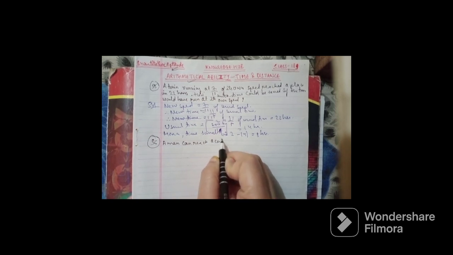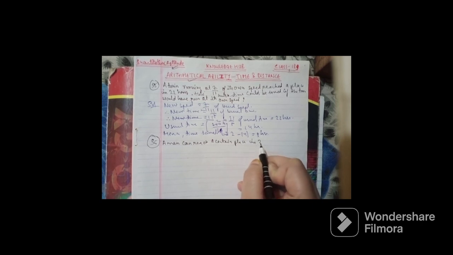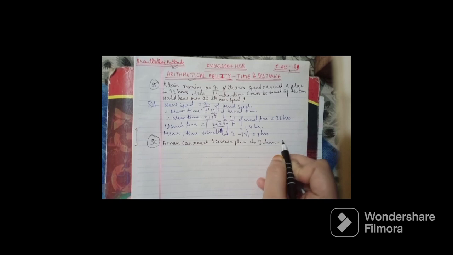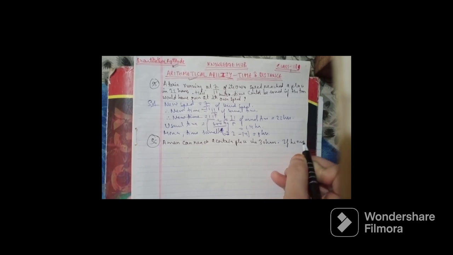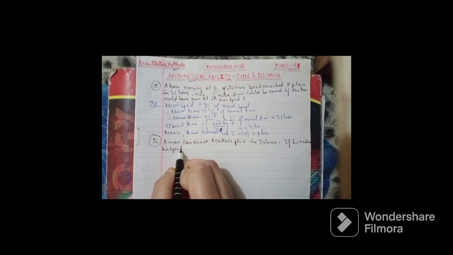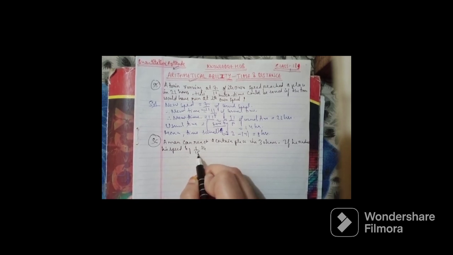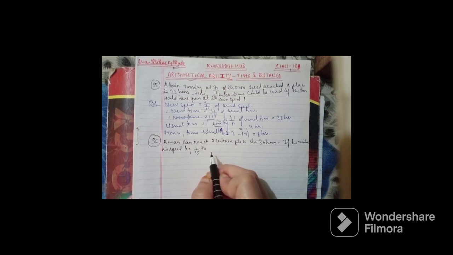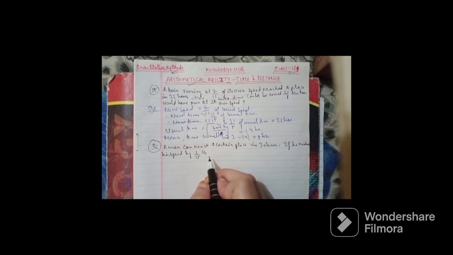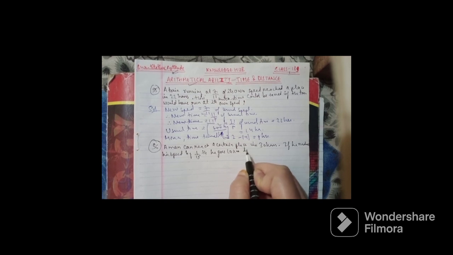A man can reach a certain place in 30 hours. If he reduces his speed by 1/15th, he goes 10 kilometer less in that time.